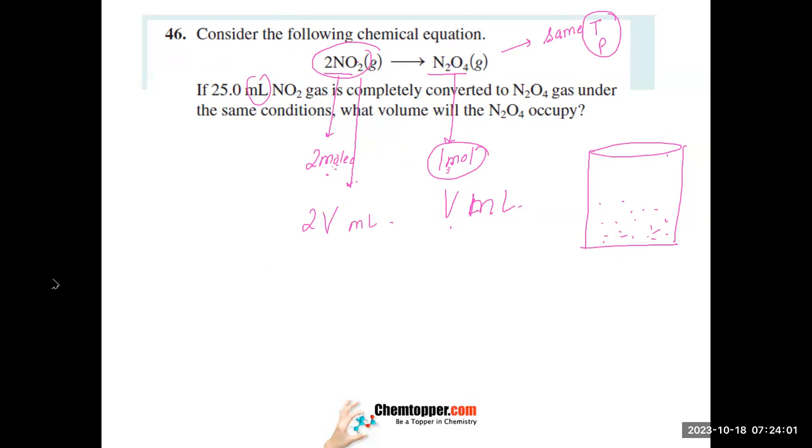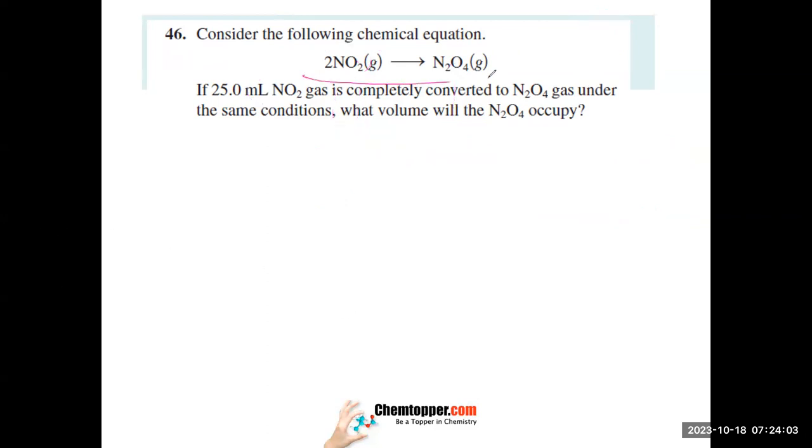So what I'm trying to say is, if there is an equation like this, you can read it in terms of volume. Right now it's written in terms of moles. I can read the equation in terms of volume: 2 volumes of NO2 reacting to give 1 volume of N2O4.